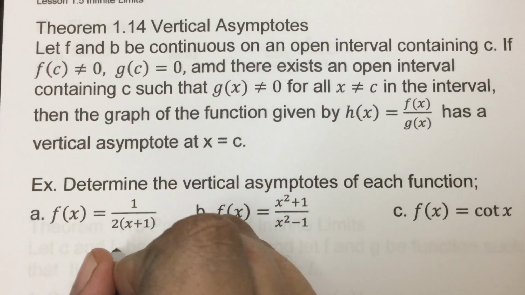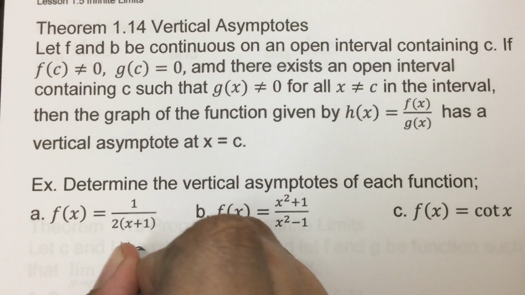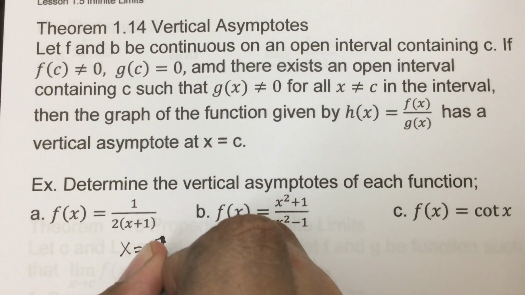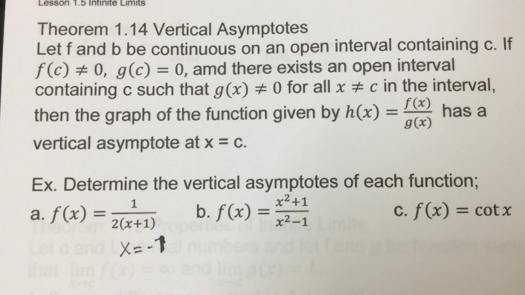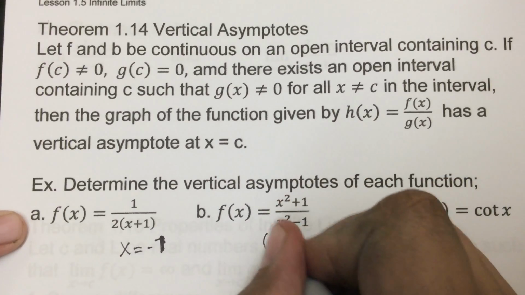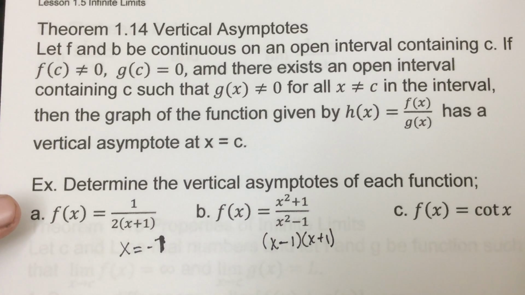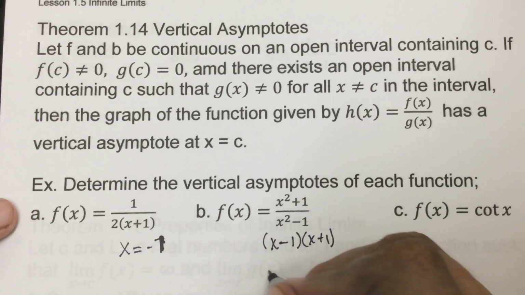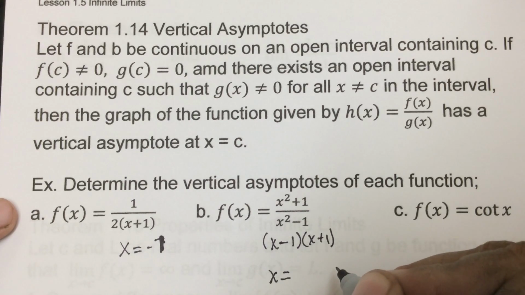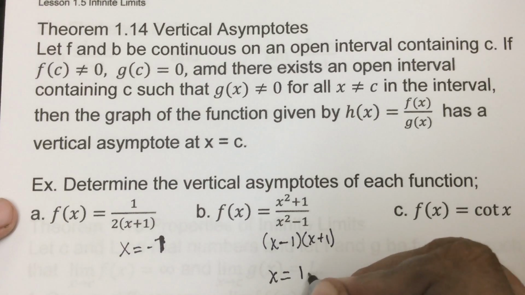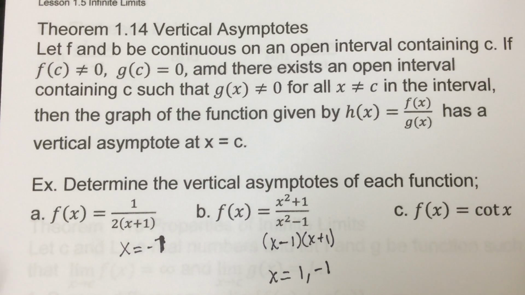Well, it's going to happen at x equaling -1, which is where your vertical asymptote is going to happen. That's your vertical asymptote for this one. This one factors out to be x minus 1 times x plus 1, since it's a difference of squares. So here your vertical asymptotes will happen at both 1 and -1.